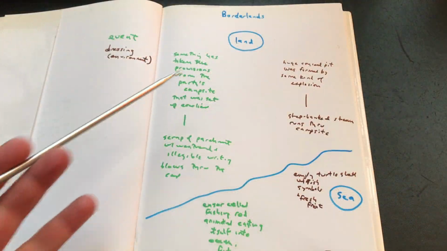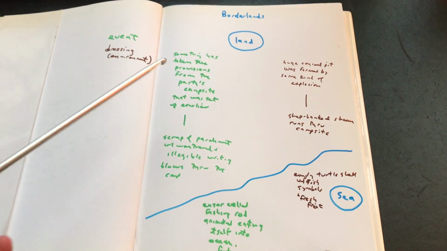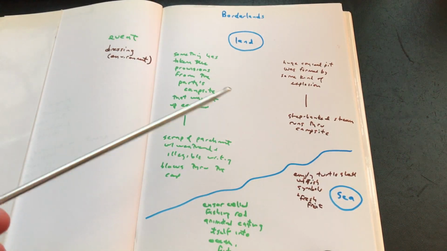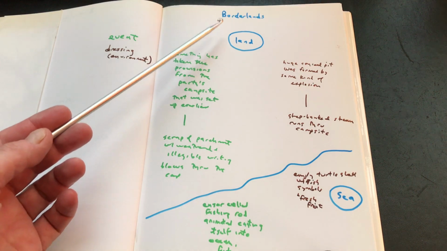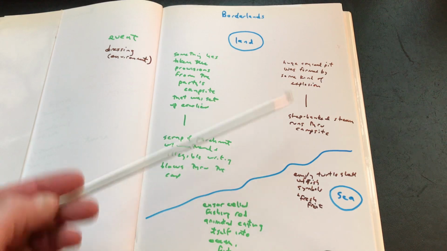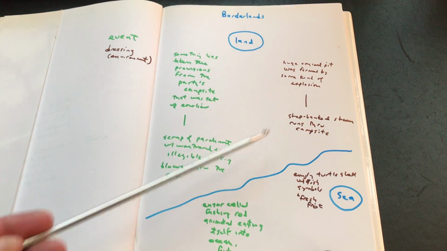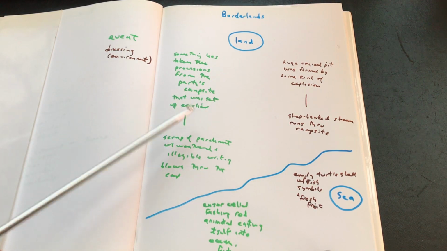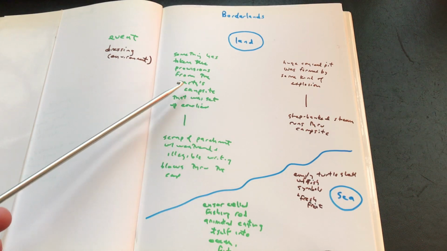Let's take a quick look at what I have made of all of this before we move on into the dungeon dressing portion. The Borderlands is this transition between land and sea, and we started out looking at a campsite where clearly something had happened, that some provisions were taken.